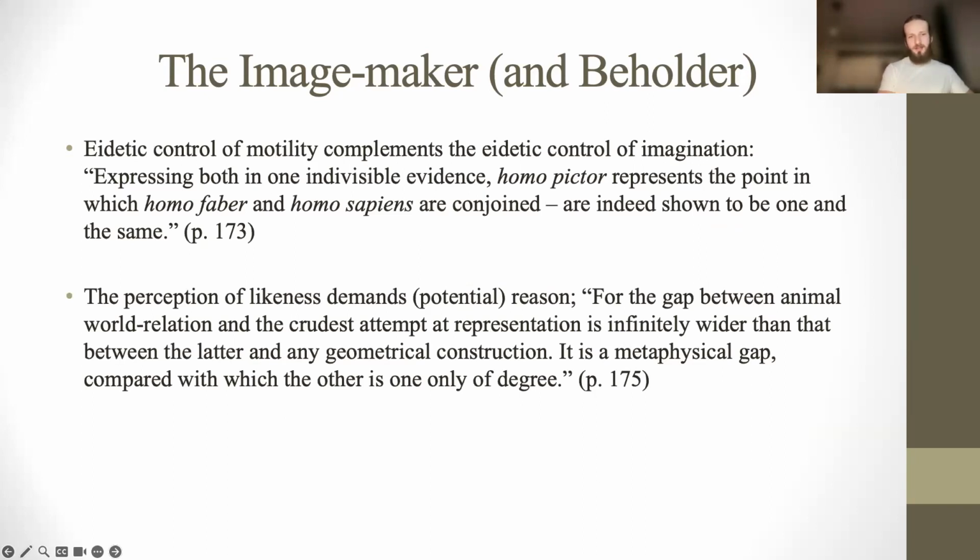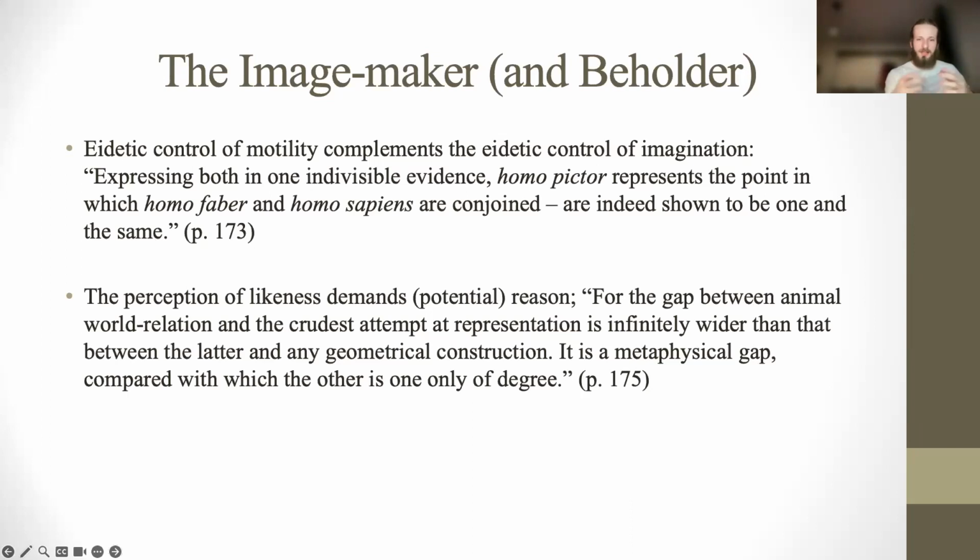Before that point, just a couple of additional things that Jonas points out that seem interesting here. First of all, he introduces the notion of eidetic control of motility. So man's capacity to deal with appearances as such, to perceive likeness as such, isn't something that is exclusively mental. It is also enacted, also embodied.